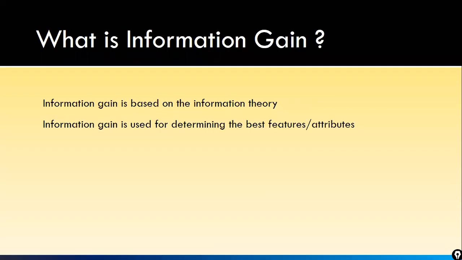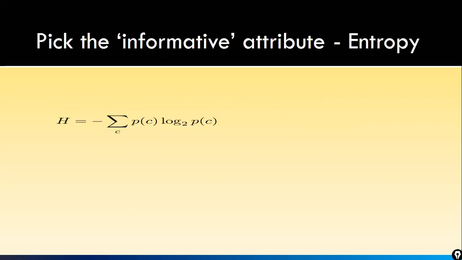The next one is information gain. Information gain is based on information theory. It is used for determining the best features or attributes. This is the formula used: entropy is the negative of the probability of a class times log base 2 of the probability of the class.